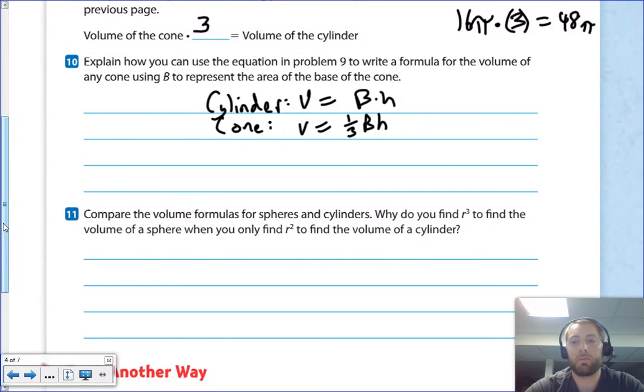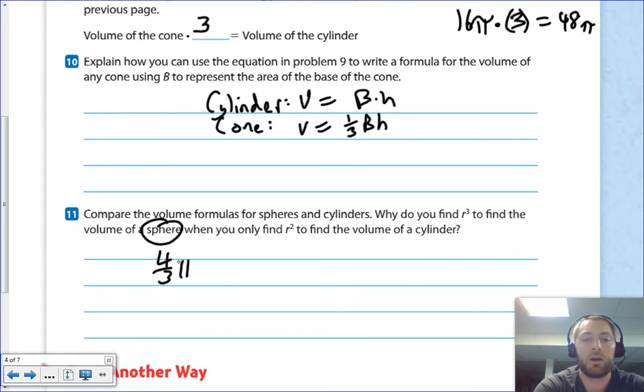And then you multiply it by the height, which is essentially the radius. It's kind of a lot to explain, but for the sphere, remember it's 4/3 pi times radius cubed.